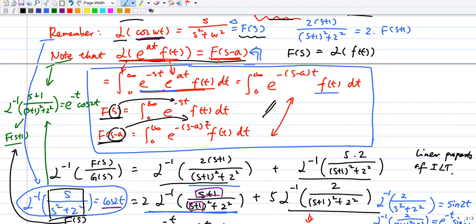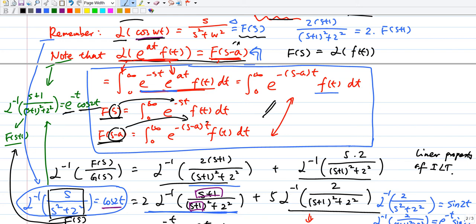According to the property, the inverse Laplace transform of F(s+1) is e^(at) f(t). Because s plus 1 means I have e to the minus t, since a is negative 1, it becomes e to the minus t times f(t). So whatever I get here gets multiplied by e to the minus t. So the inverse of (s+1) divided by (s+1) squared plus 2 squared is e to the minus t times cosine 2t.